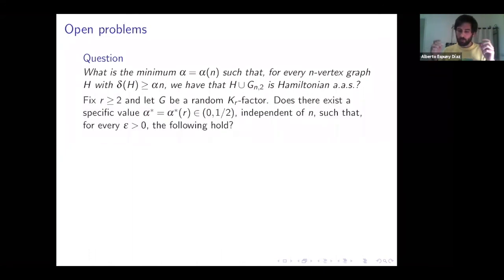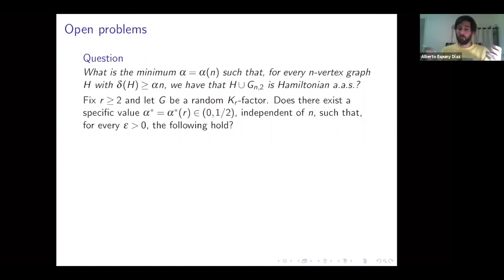And then a different question is, I'm just going to think about a random one-regular graph. This is just a random perfect matching, and a random perfect matching is a random K2 factor. So I'm going to generalize the question to random KR factors. So I'm basically saying, starting from n vertices, let's say for K3, I want you to pick a set of triangles uniformly at random that cover all the vertices.